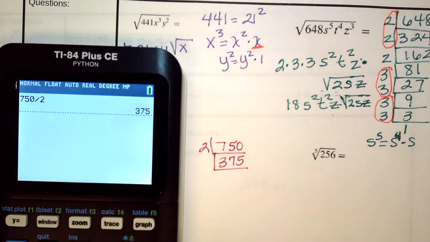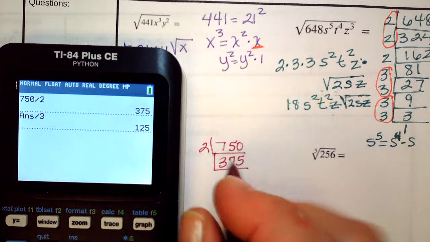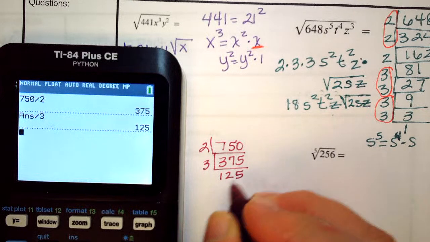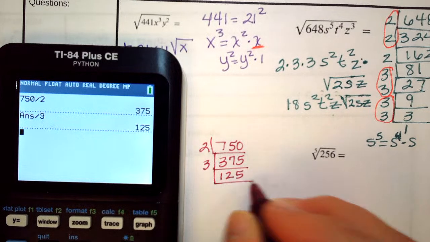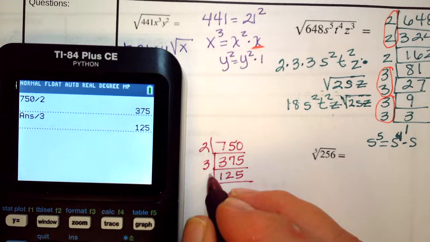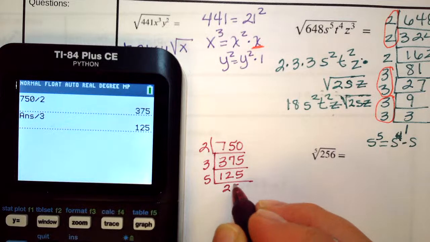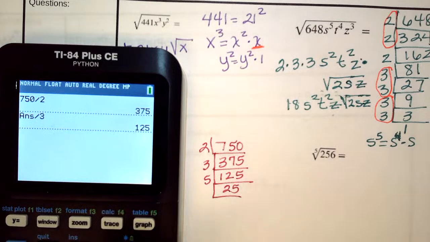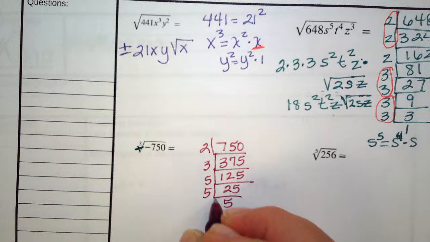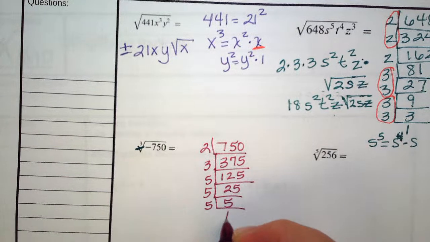Yes, it's divisible by 3 because 15 is divisible by 3. Now, I've already simplified 125. That's 5 times 25, which is 5 times 5. 5 is prime, 1, and you're done.